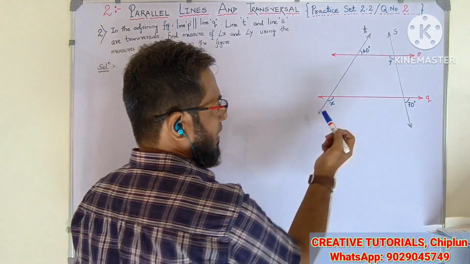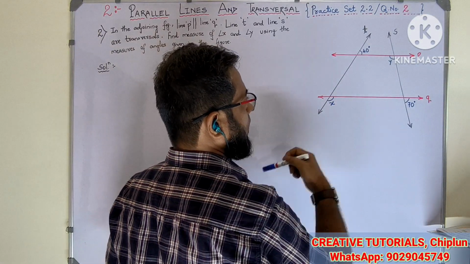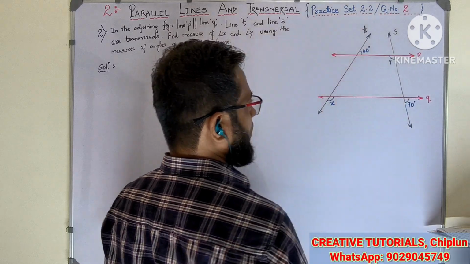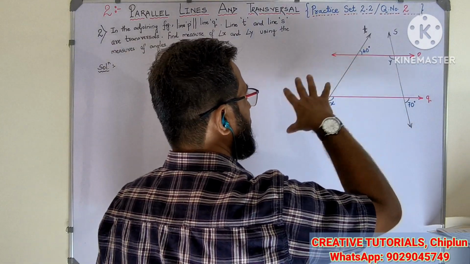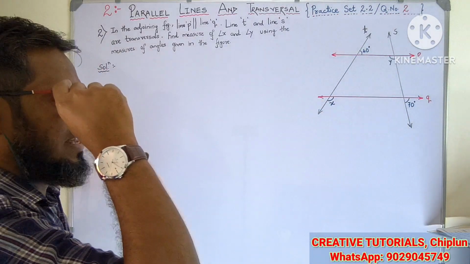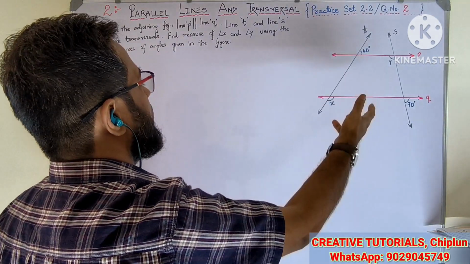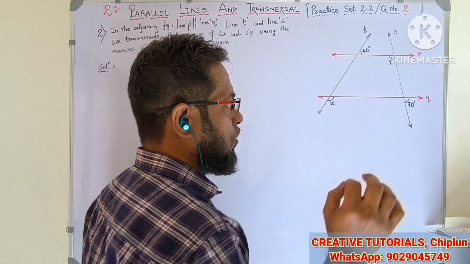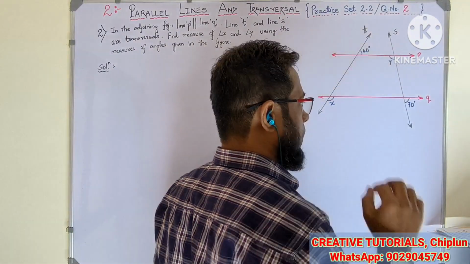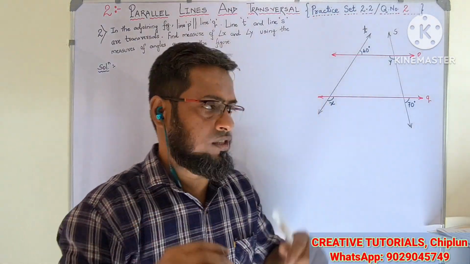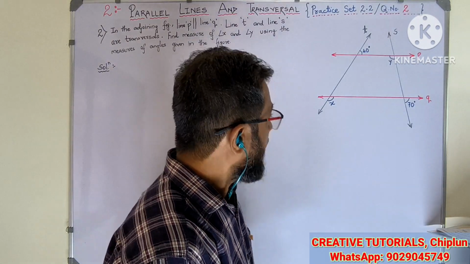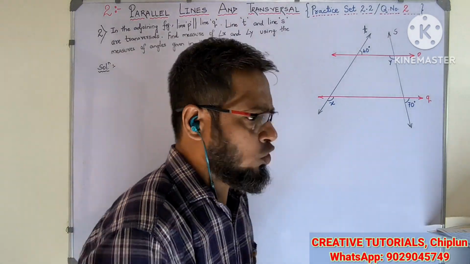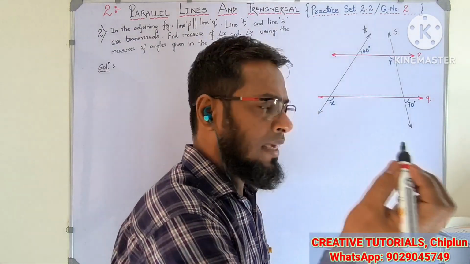You can see that they have given us angle X somewhere over here and angle Y is somewhere here, and they are asking us to find the measures of these angle X and angle Y with the measures given in the figure. This angle is given to us as 40 degrees and this angle is given to us as 70 degrees. Now let me assume something. I am using black ink now.